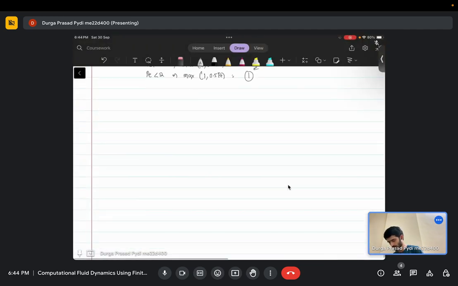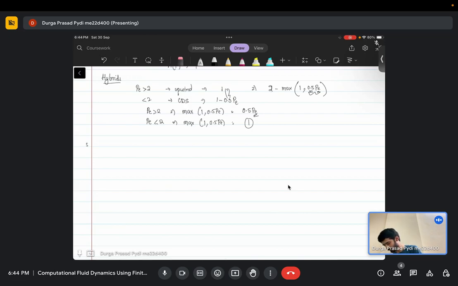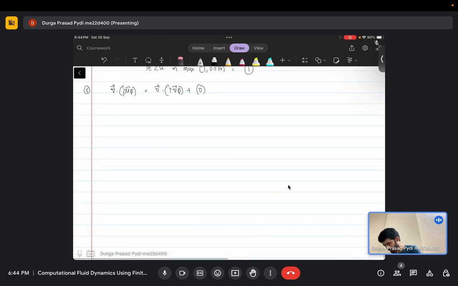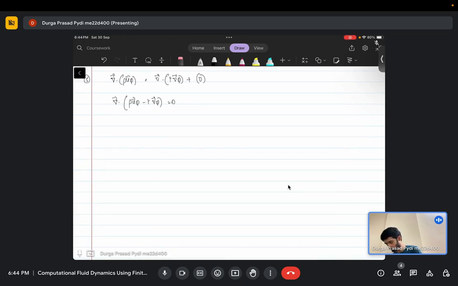So why are we resorting to hybrid and power law or other schemes? Suppose we consider the equation. Say we don't have any source terms. So I can write this equation as, say we solve for a one-dimensional problem.